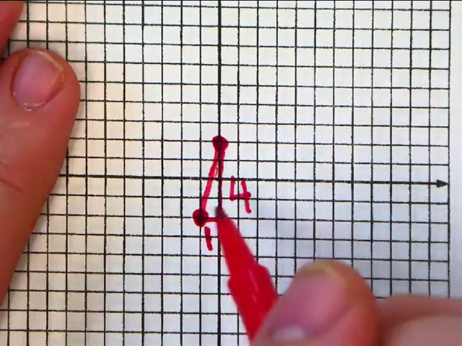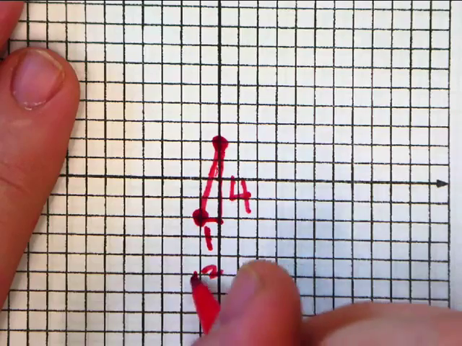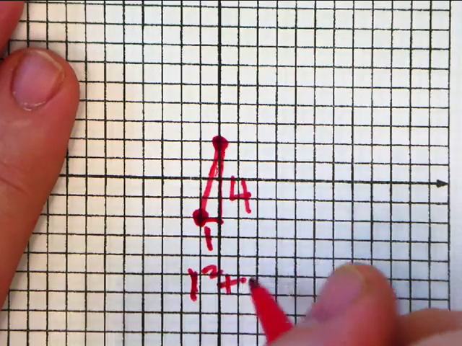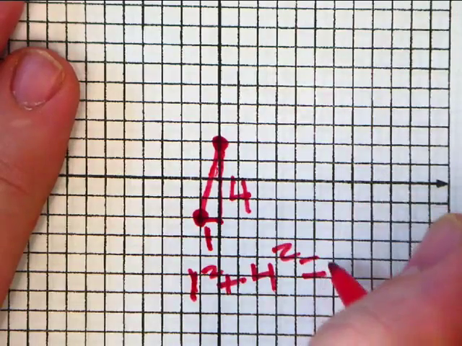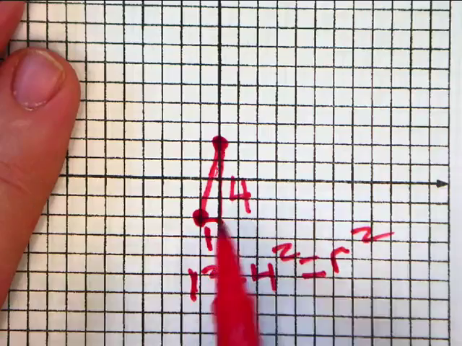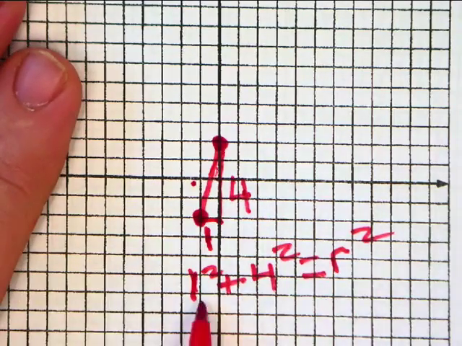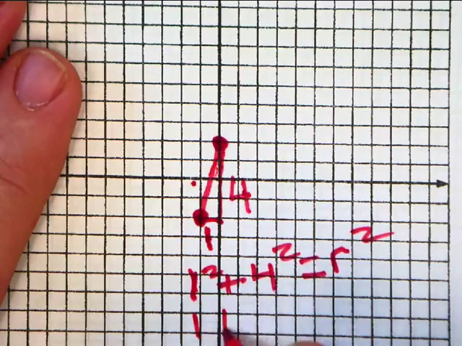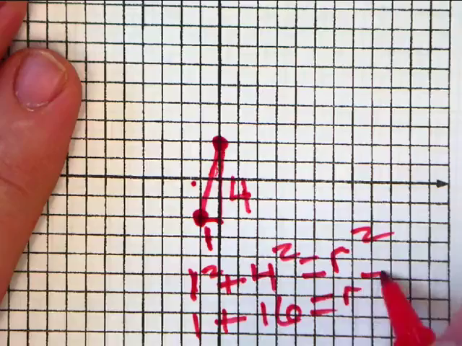So with that in mind, we can use the Pythagorean Theorem and say 1 squared plus 4 squared must equal r squared for radius. A squared plus b squared equals c squared. So 1 squared is just 1, plus 4 squared is 16, and that equals r squared.